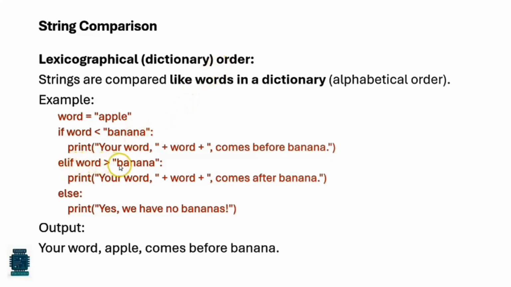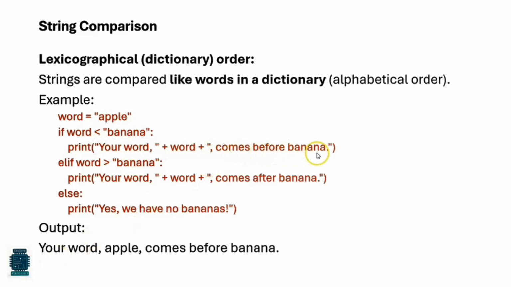Else if word is greater than banana, something like cat, if I have taken cat, it is obviously greater than banana. Print your word cat comes after banana. Got it? Here it will compare in the dictionary order.